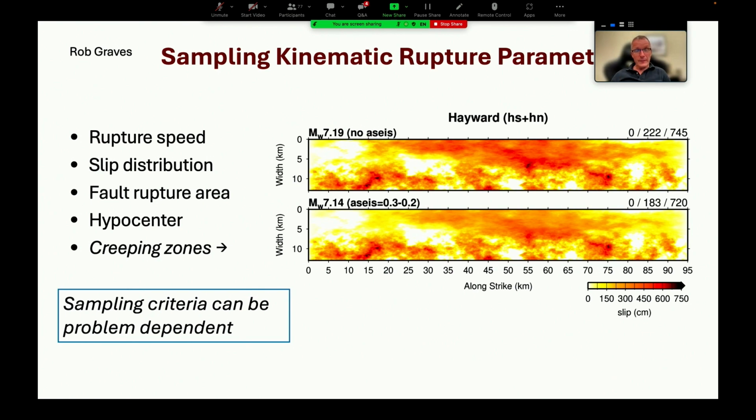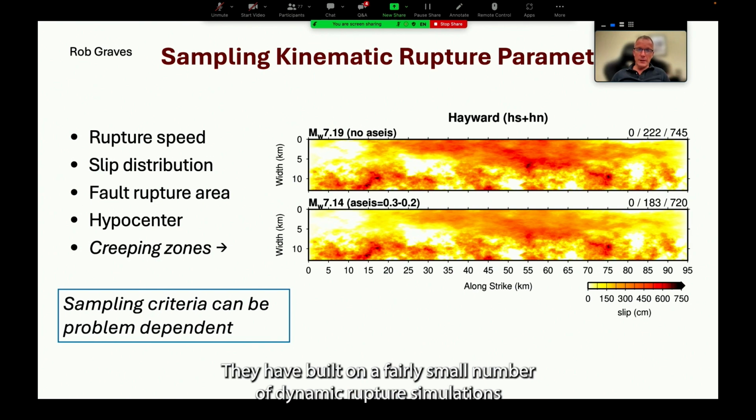And the other comment that I would like to make is a bit broader. The rupture generators we've created now, the Japanese and the Archuleta and so on, are built on a fairly small number of dynamic rupture simulations under very confined, limiting conditions.